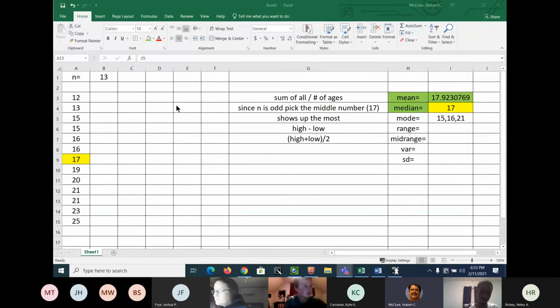12, 13, 2 15s, yep. 2 16s, yep. 17, a 19, a 20, and 2 21s, a 23, and a 25. Okay, now add those up and divide by 13. $233.